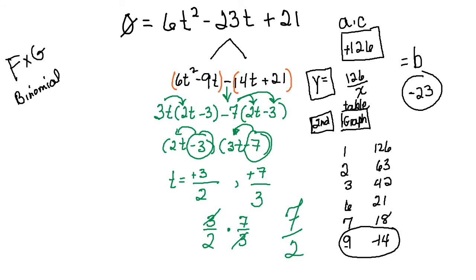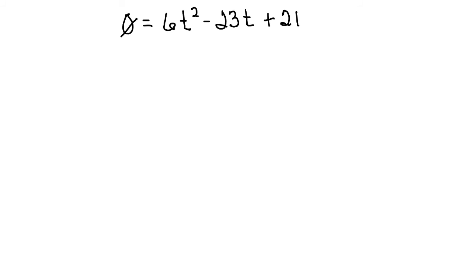So that's one way. Another way to do it would be to use the quadratic equation, the quadratic formula. And with the quadratic formula, you'll remember that this is A, B, and C here.